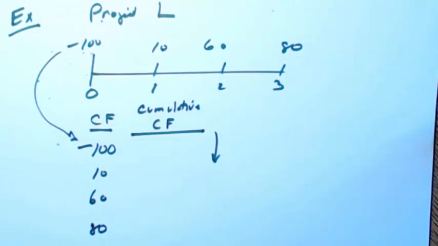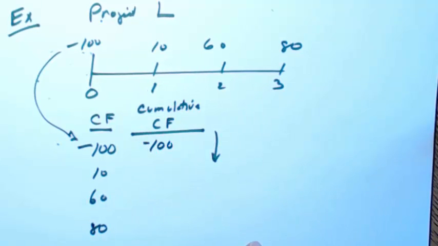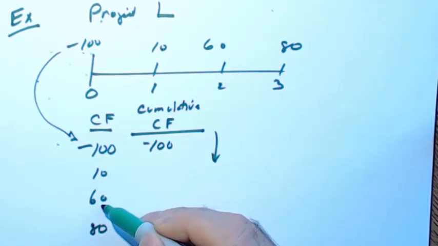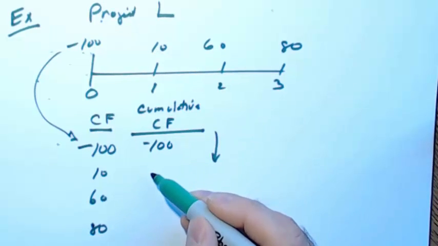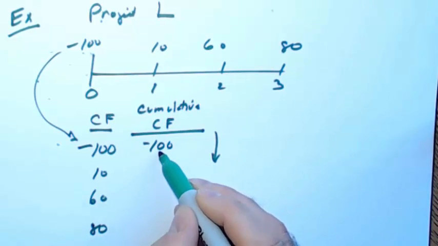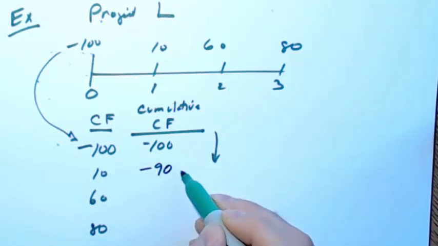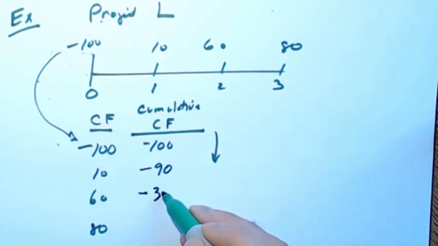Okay? The way I like to think of it is, look, we dug ourselves a hole 100 feet. We're in the hole by $100 or 100 feet. I don't know, maybe you think of yourself as being financially in the hole $100, right? And then you got to use these cash flows to dig yourself out of the hole. Okay? And so when you do that, if you take the $100 and you add the $10 positive, you're still in the hole by 90. And if you add the next $60, you're still in the hole by 30.